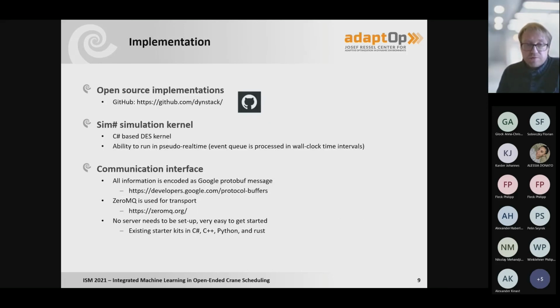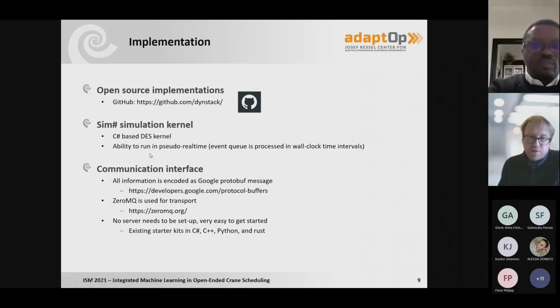We implemented the models. I'm coming to the end soon. We put them on GitHub, so they are open source and available. There are simulations as well as some starter kits. We used a simple simulation kernel written in C#, which is running in pseudo real time, and they're all standard interfaces. So we have protocol buffers for describing the messages. We have ZeroMQ for the transport.